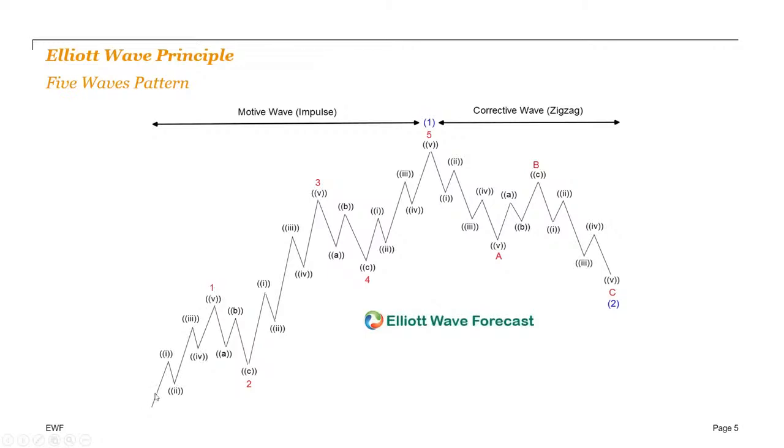So this smaller piece resembles the bigger piece in the red degree. You guys understand? So that's what we call the fractal nature. The smaller piece resembles exactly like the bigger piece.